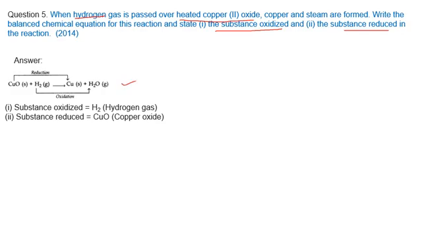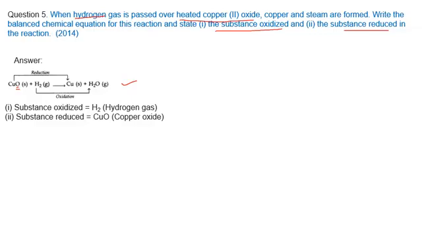This is a typical reaction given in your textbook. So what happened? Copper oxide is reduced because there is a loss of oxygen. Okay, loss of oxygen or gain of hydrogen is known as a reduction reaction. So oxygen is getting removed from copper, right?